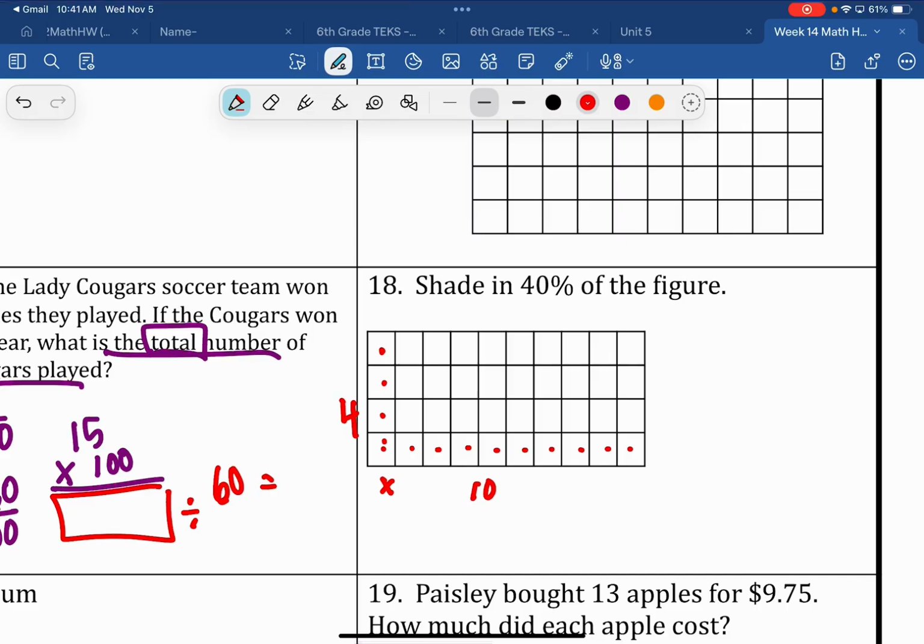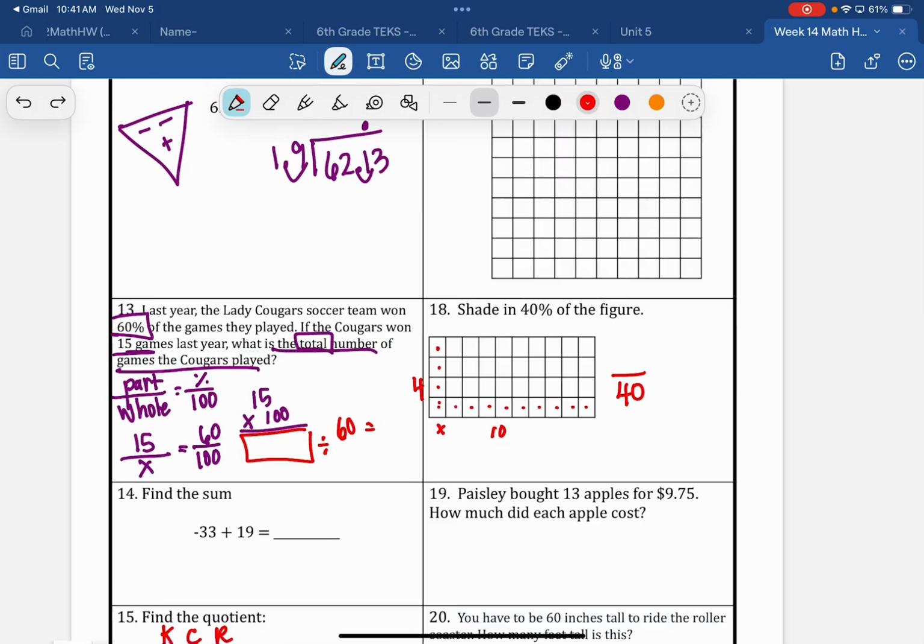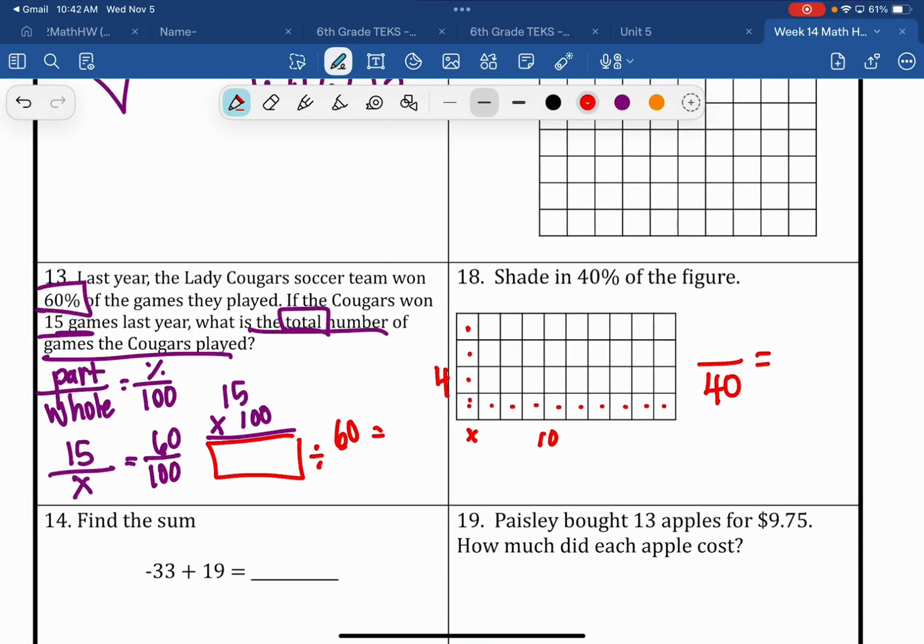So I know that's the whole. I don't know what the part is, but I know that it is going to equal 40% out of 100. So what I'll do is the same. Again, it's a percent proportion. So I have to do 40 times 40.